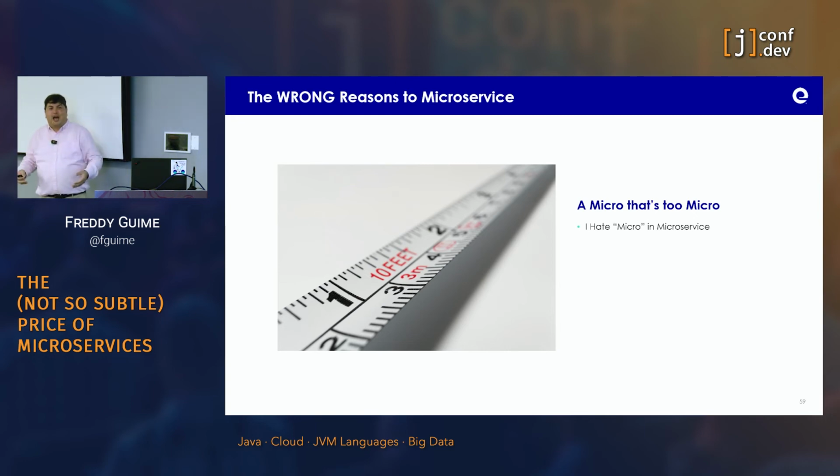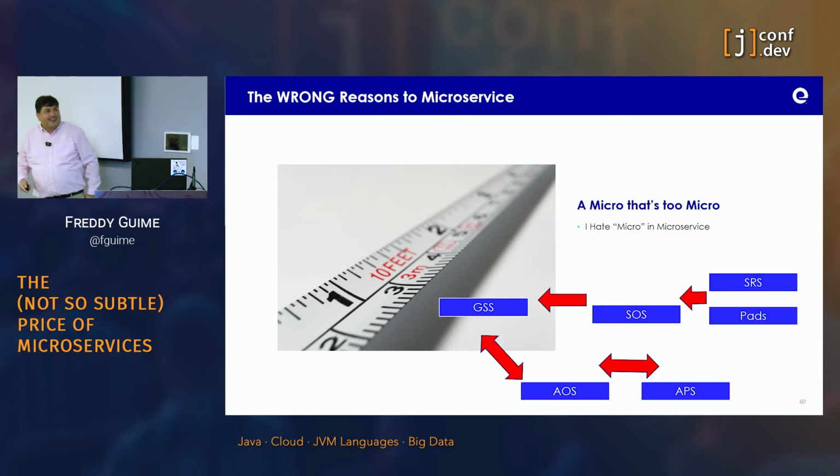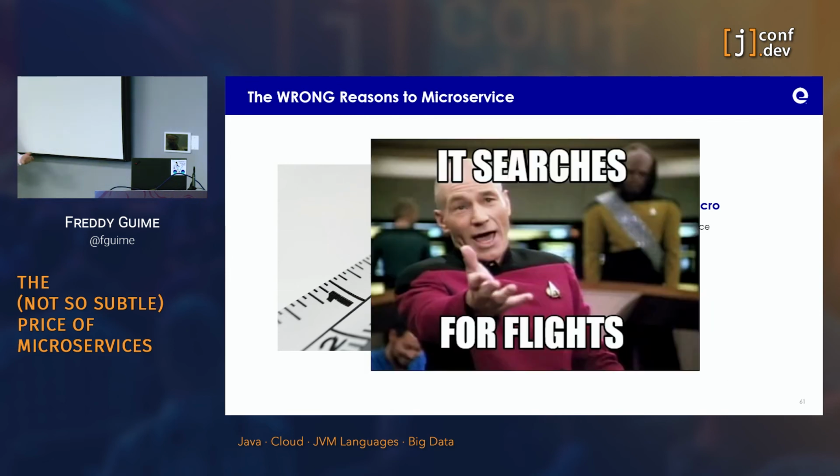It doesn't have to be, I'm just gonna do additions, and if you want subtractions, you go to the subtraction service, right? And so we have all this: the search service, the orchestrator service, the rules service, the offer service, the pricing service, right? And then I'm looking at it, and you know what? This service just does one thing. It searches for flights. That's what we came up with, the flight search service, and that is the scope, right?